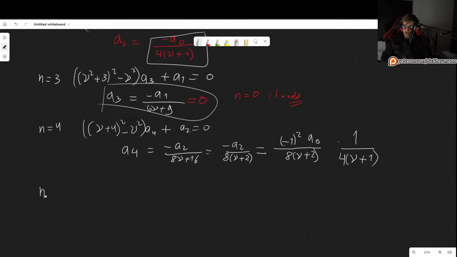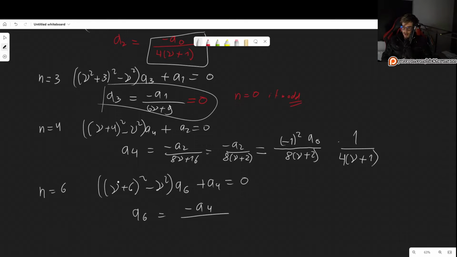So I will continue. n equals 6. So here we get ((nu plus 6) squared minus nu squared) a6 plus a4 equals 0. So a6 is equal to minus a4 divided by, again, nu squares cancel out, so we get 12 nu plus 36. So let's factor out 12, so we get 12 times (nu plus 3).